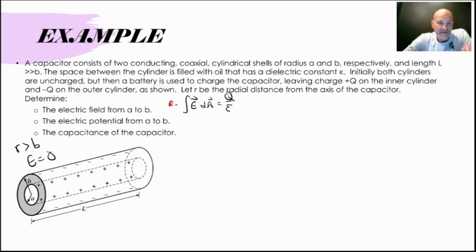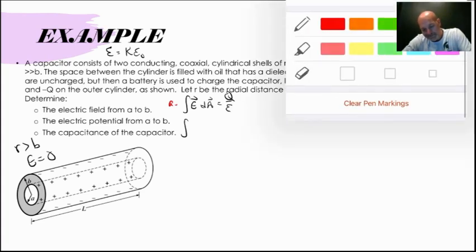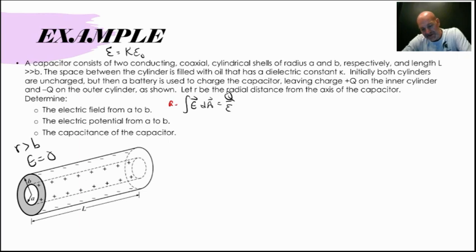But now, because this is the oil, we're looking for the electric field in the oil. It's not epsilon naught, the vacuum permittivity. This is the material permittivity. But remember, we said we're just going to substitute in kappa epsilon naught. Okay, so now we do the integral. Gauss's law at this level is always just going to be EA equals Q over kappa epsilon naught.